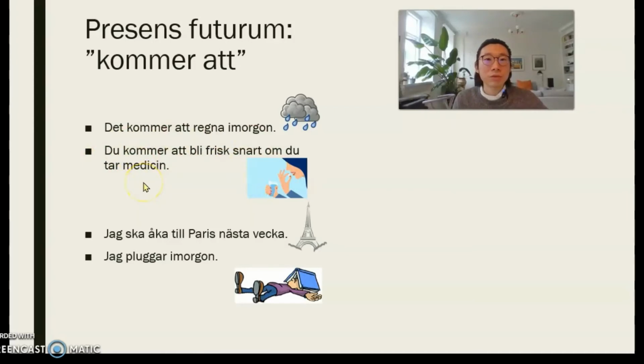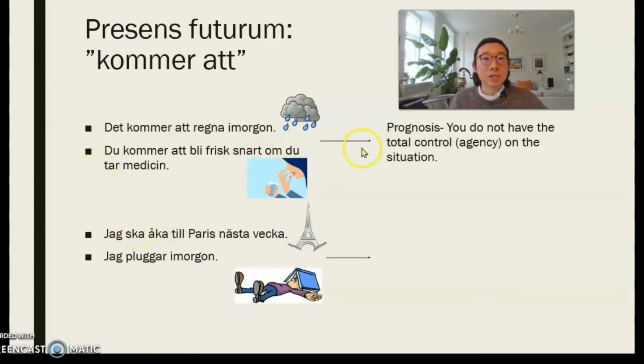If you think a little bit more, you would find that whenever you use "kommer att," you are using it for an activity that you do not have full control over. So "kommer att" in Swedish is actually for prognosis, in which case you do not have total control or agency over the situation.